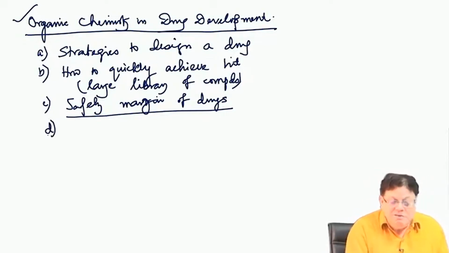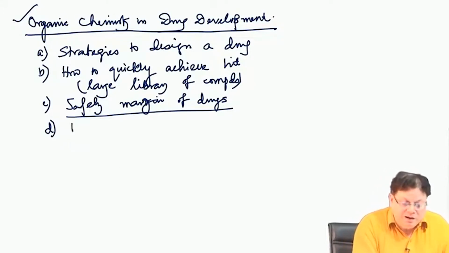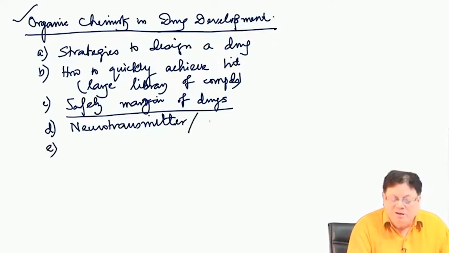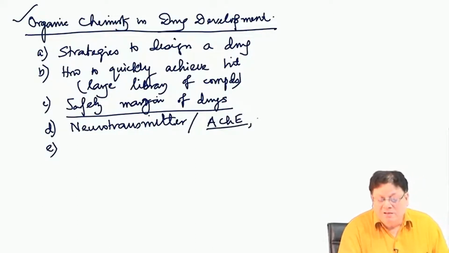Then we went on to the different classes of drugs. First we discussed the neurotransmitters. At that time we discussed acetylcholine, AChE, and we have also discussed dopamine.